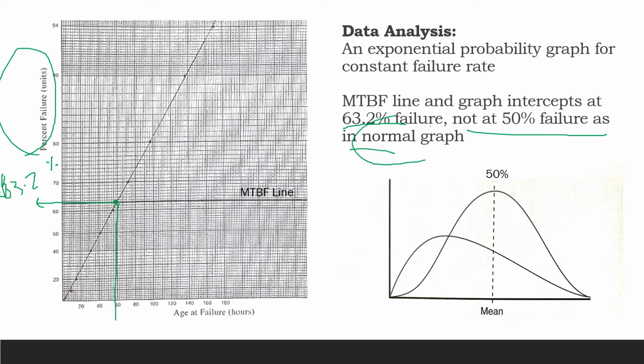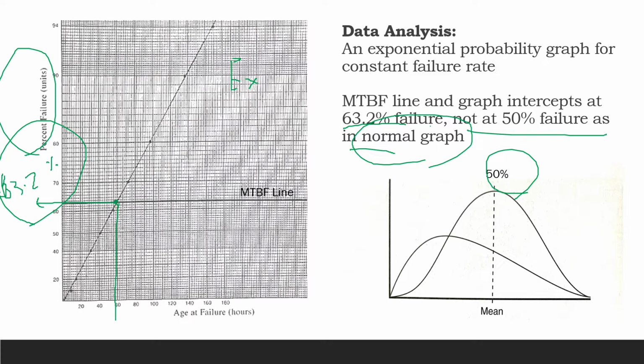So a normal graph looks like this. It doesn't look like that. This is an exponential graph. If you translate the same data to a normal graph, you will get about 50% failure. For the exponential graph, we have about 63.2% failure.